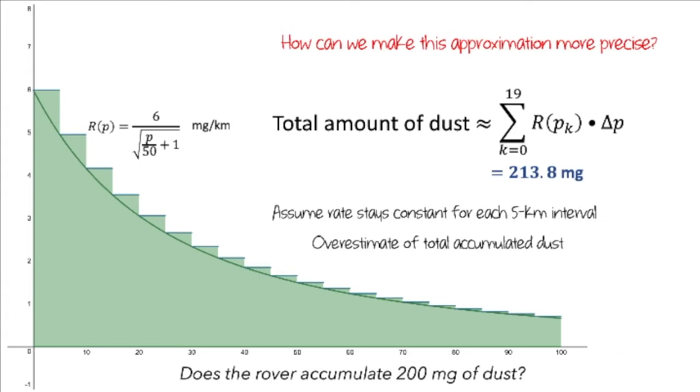We can see this by looking at the amount of error that came from assuming that the rates were constant over each interval. We can see that the error is less than it was before. So the way to make the approximation more precise is to use more intervals.